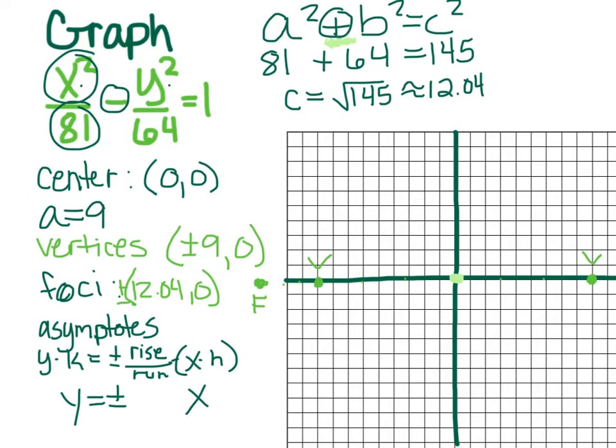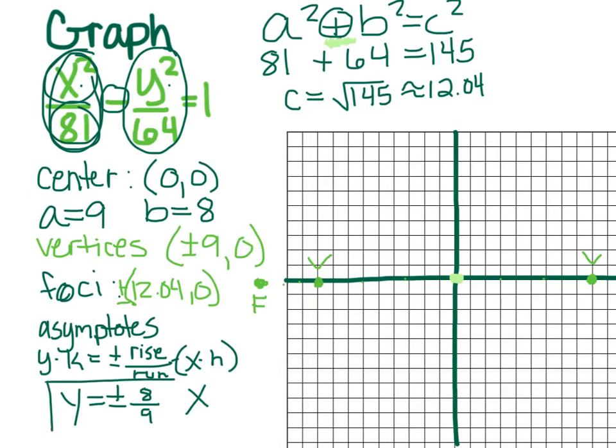Our rise in the y direction will be the b value, and in this case, b is the square root of 64, which is 8. So we're going to rise 8. And then in the x direction, we're running square root of 81, we're running 9. So our asymptotes are y equals plus or minus 8/9 x. We're going to rise 8 and run 9.